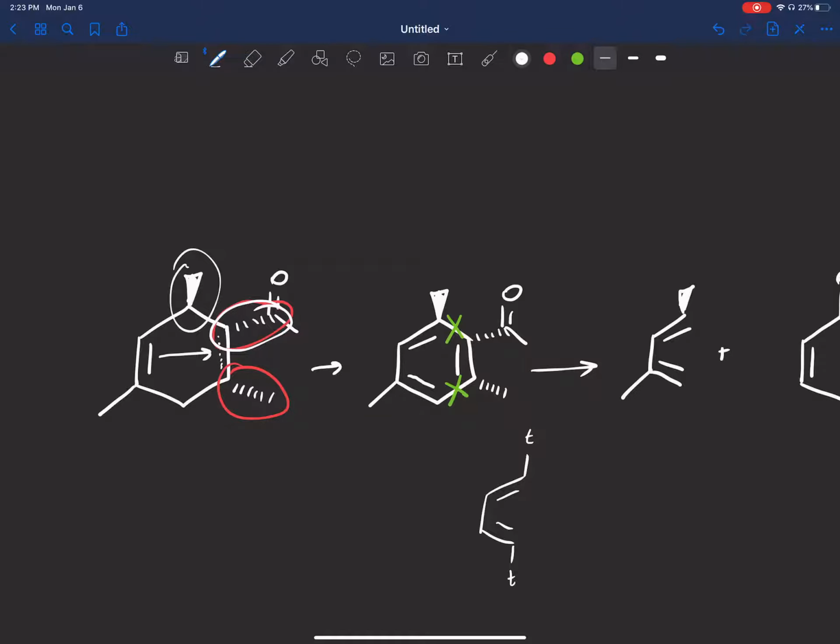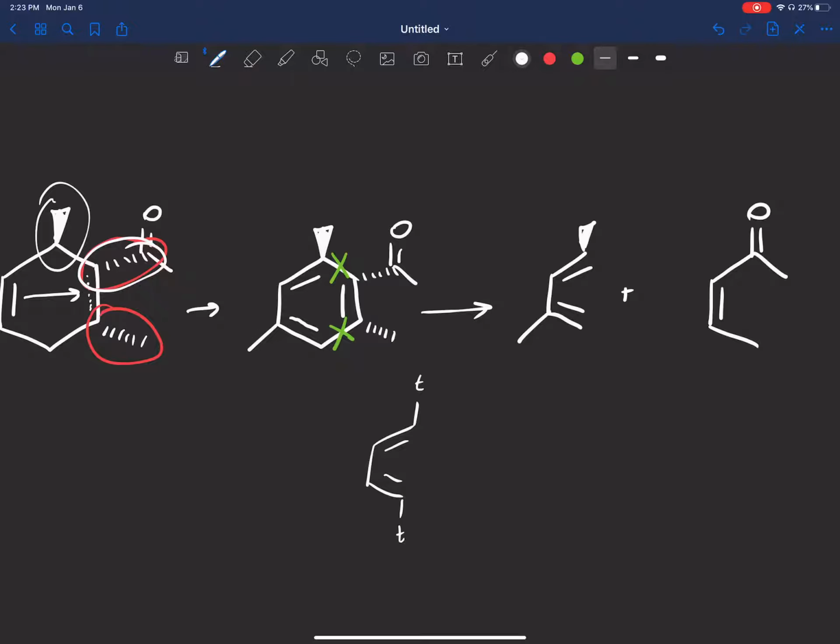So what does that mean? Well, we know that if the trans groups have to be the same stereochemistry as the electron withdrawing group, then the cis groups would be opposite. And so, because the methyl was opposite the electron withdrawing group, it is not going to be the trans group. It's going to be the cis group. So we have to turn it inwards.